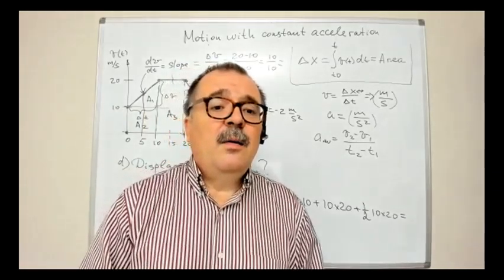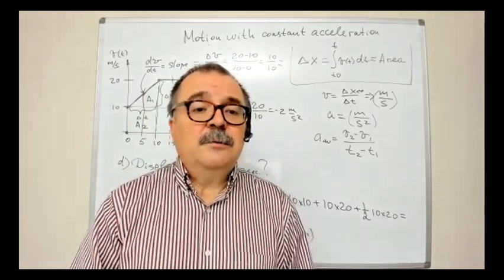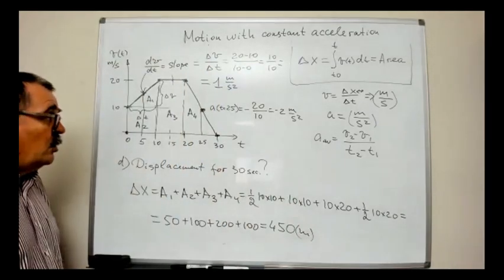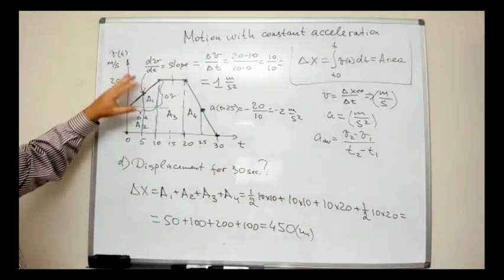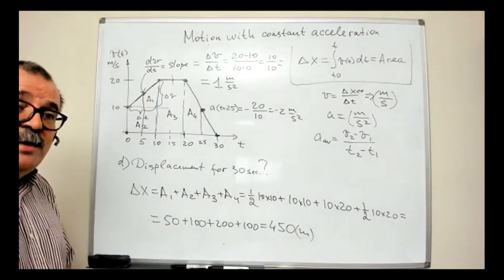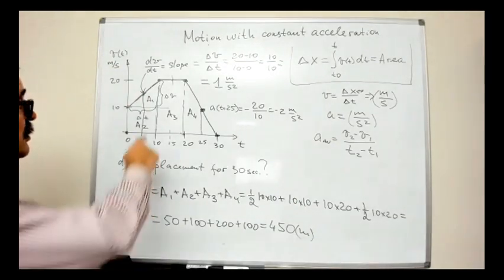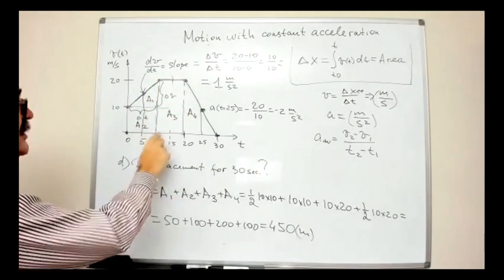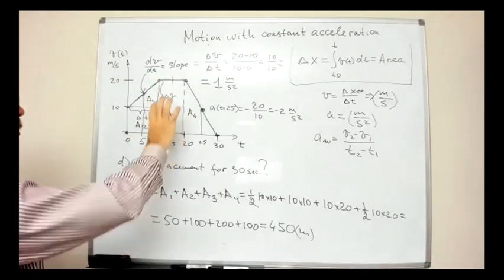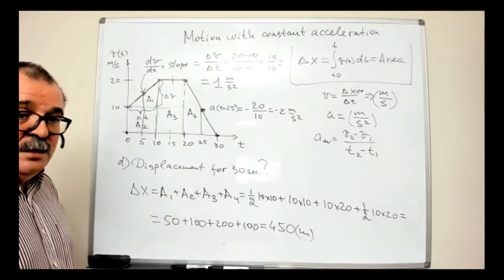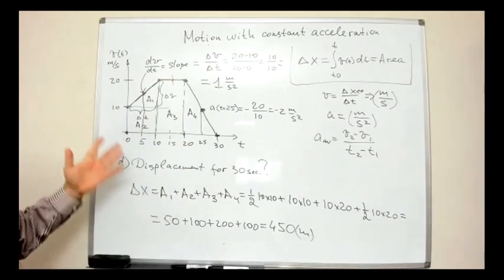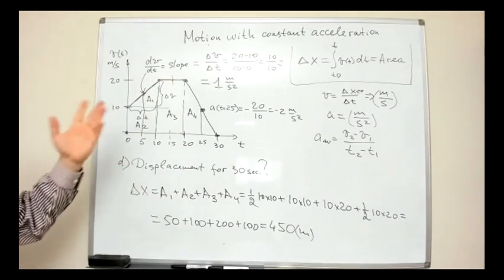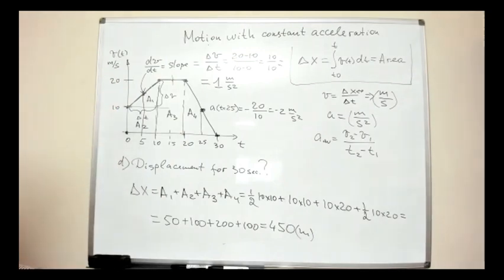How did you know how to divide the areas, like to split them? How do I know? I can recognize some geometrical figures like this right angle parallelogram. So I know that the area of A3 is 10 by 20, right? So that's how I divide that. Okay, thank you. Right, and this is a right angle triangle.